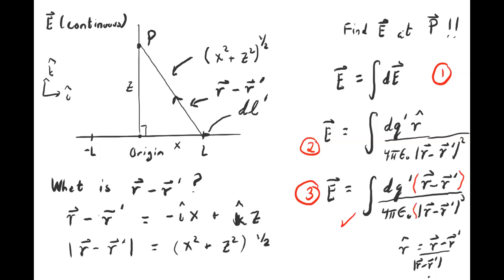I now know what the magnitude of r minus r prime is. I have to take this expression and raise it to the 3rd power. Hence, I get an expression in the denominator that goes like a quantity to the 3/2 power. And this is exactly the same as what we got before.